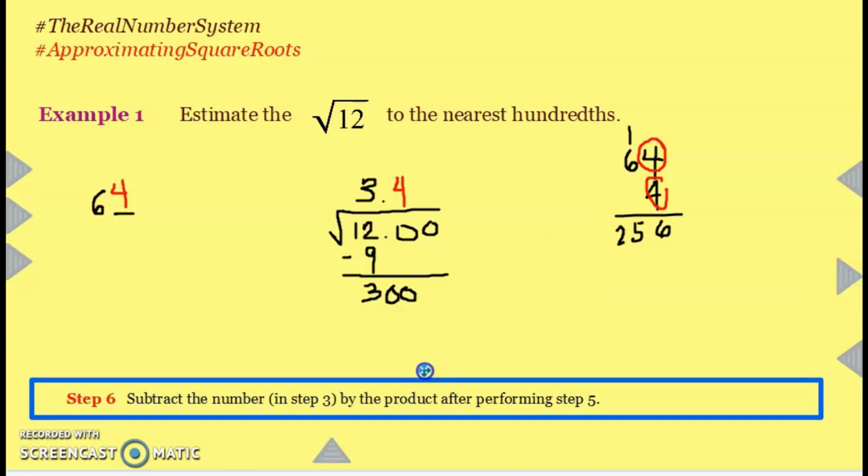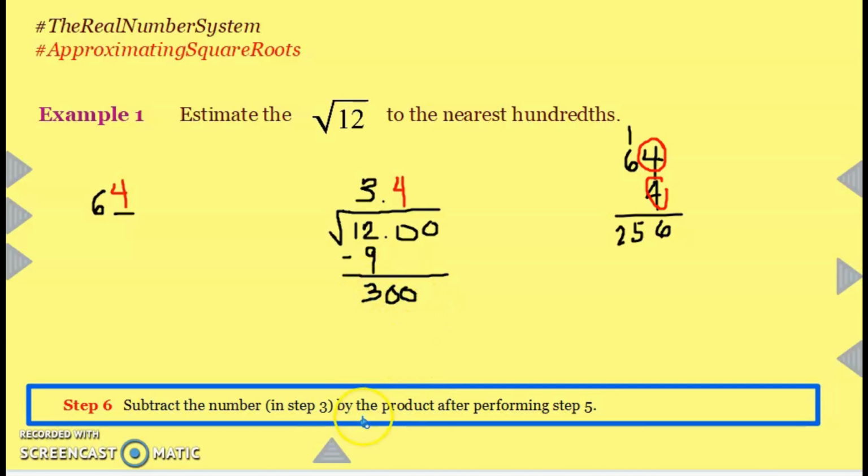Subtract the number in step 3, that's the 300, by the product after performing step 5. So, ito yun, yung 256. So, we write minus, I used black. Minus 256. And in here, you get a difference of 44. So, balik na natin muna to.